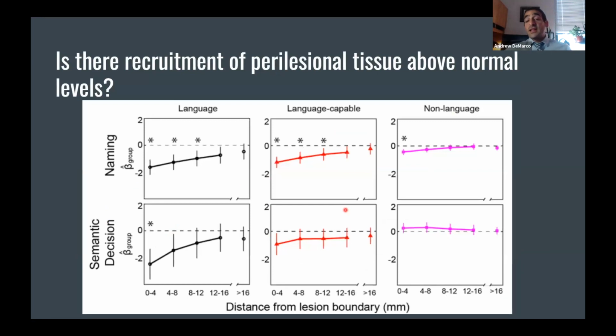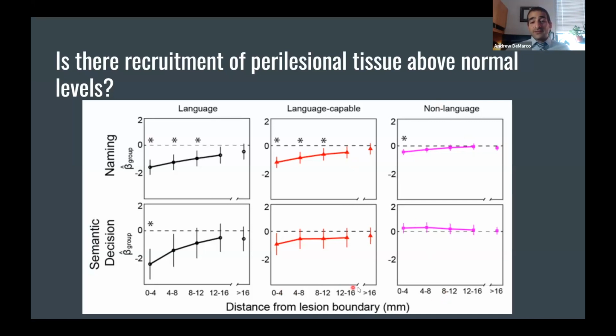So this is going to allow us to ask, is there recruitment in perilesional tissue above normal levels in the patients? Here, the top row of panes is the results for the naming task. The bottom row of panes is the semantic decision task. This first column is the results of that comparison for the language tissue, the second column is for language capable tissue, and the third column is non-language tissue.